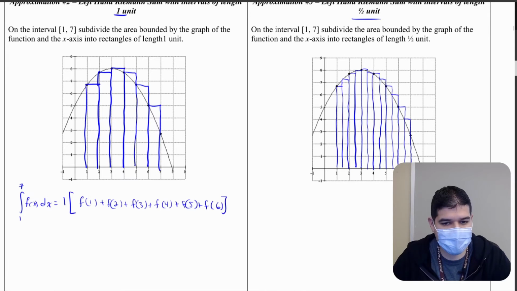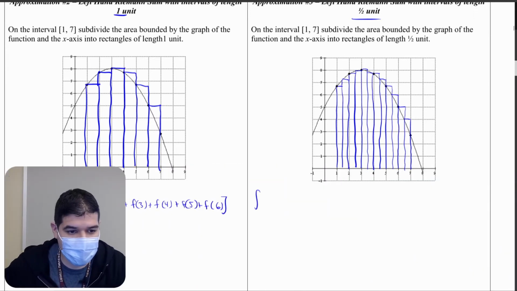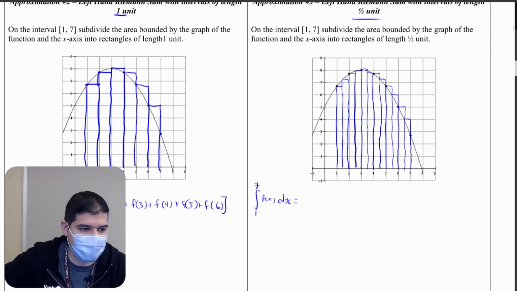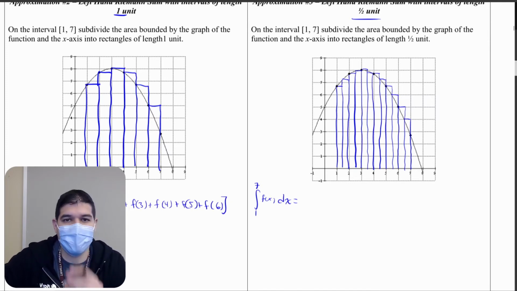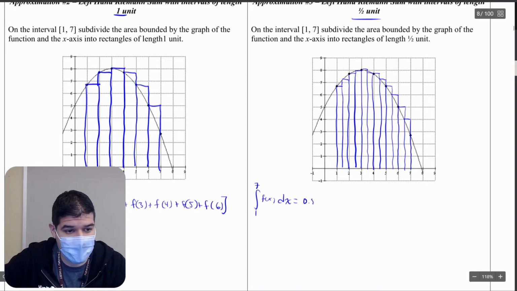And then on the second one, on the one on the right here, again, I'm going to go from 1 to 7 of f of x dx. And since this is an estimate, we're going to find this from 1 to 7, and the length of the base for all those rectangles is 0.5.